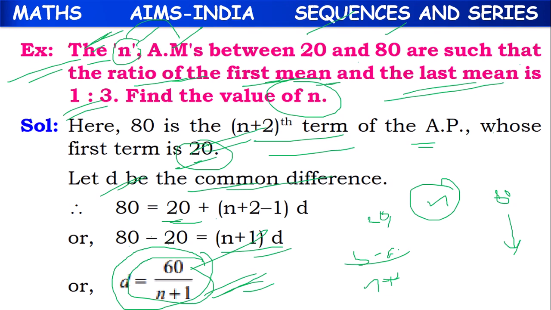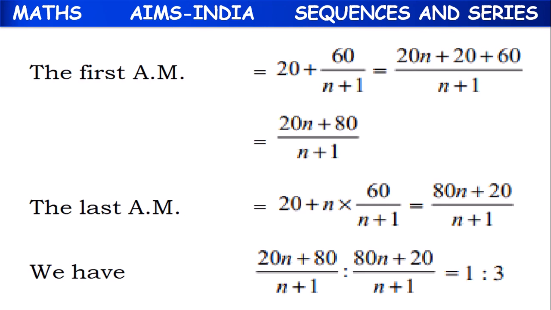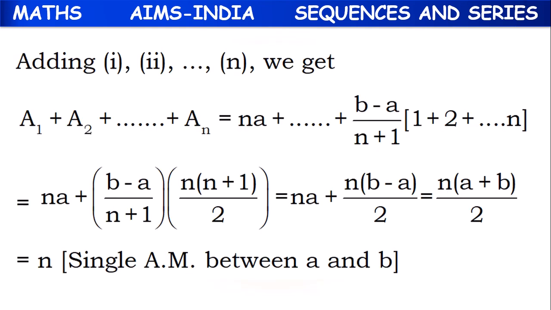Now they are telling the first mean and last mean. First mean is a1, last mean is an. First mean and last mean are in the ratio 1:3. So first mean value, what is the first mean value?